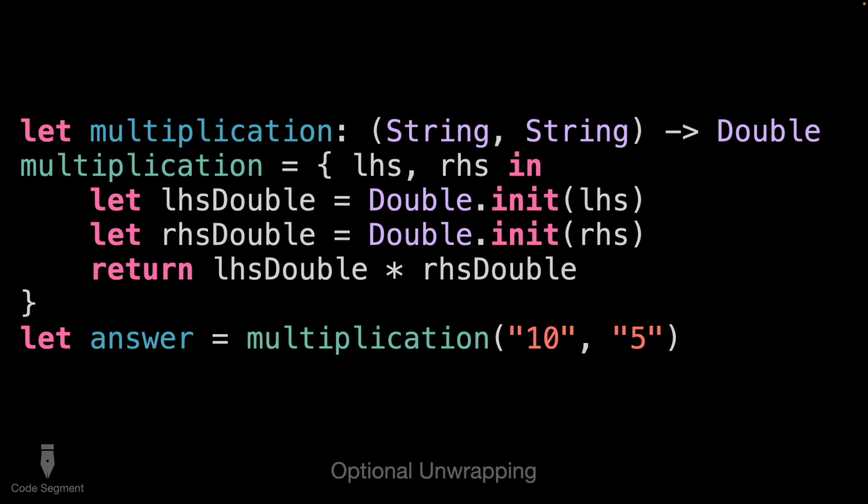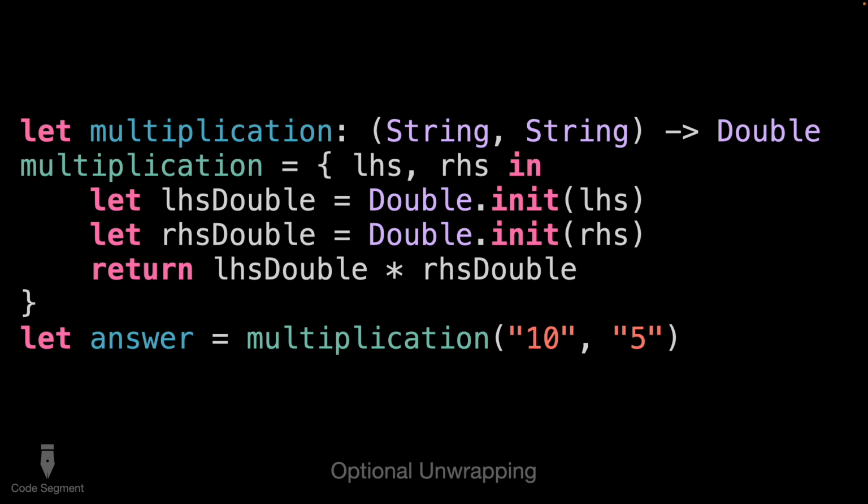There's no way to say that with a string type, okay? So, that said, double does provide an initializer that allows you to pass it a string, and it does its best to try and take that string and turn it into a double. If it can't turn it into a double, it returns nil, which means that double.init passing in a string returns an optional double type.